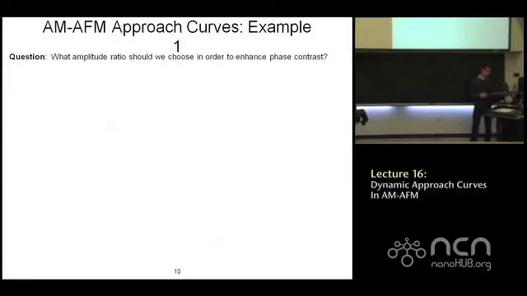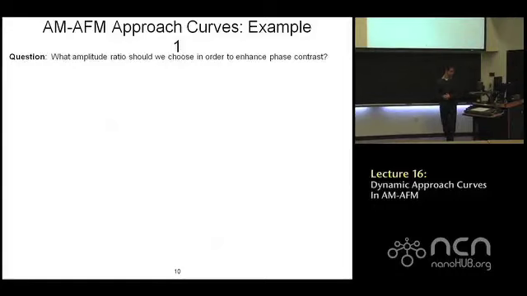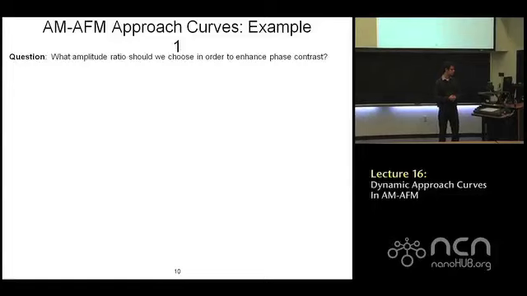So the question is, what type of amplitude ratio should we choose if we're interested in maximizing the contrast between those two regions of the sample in the phase image?